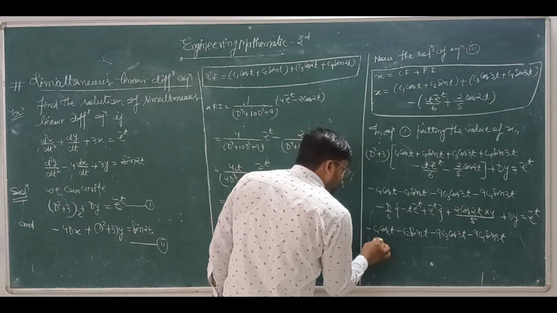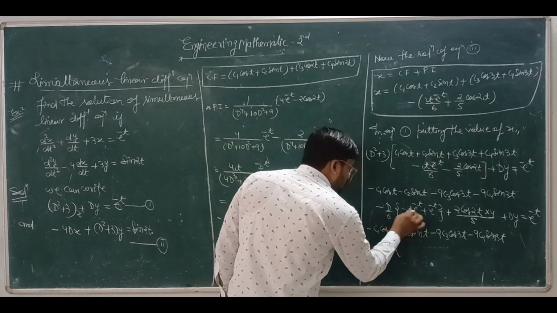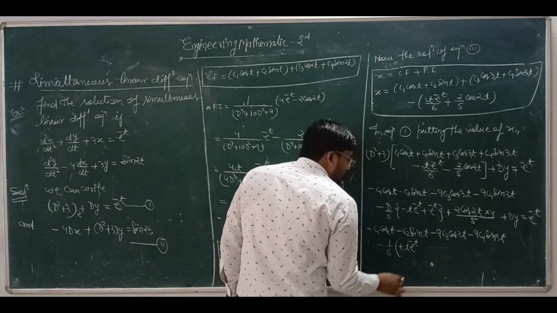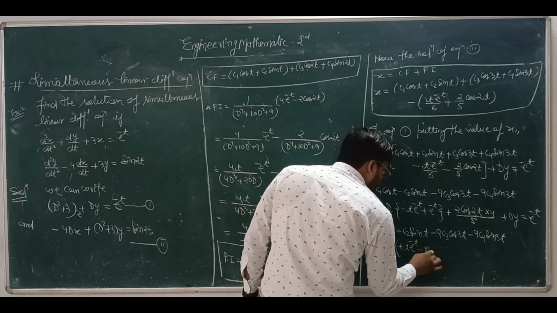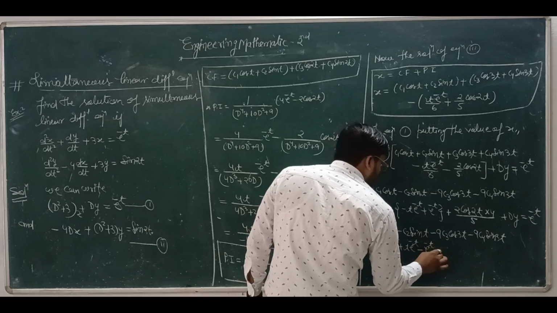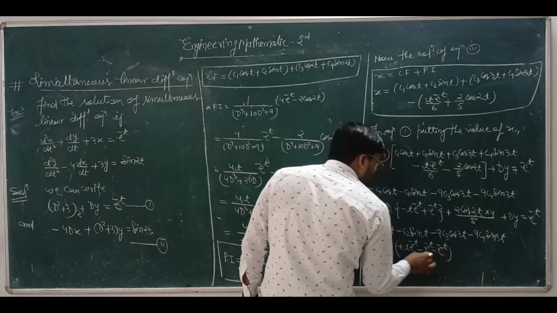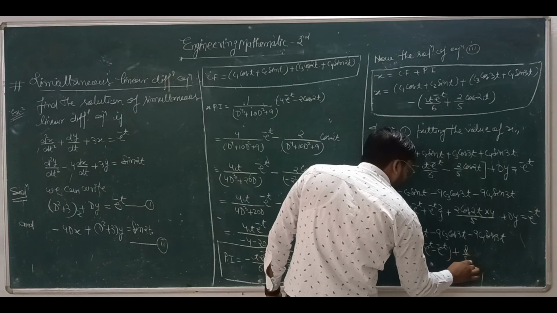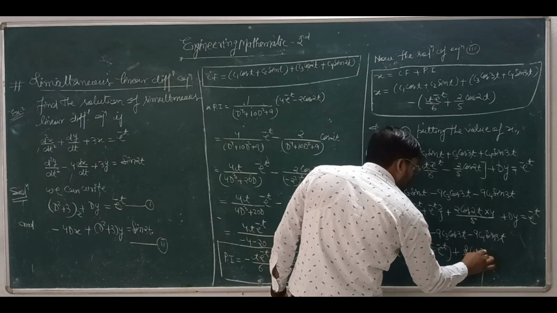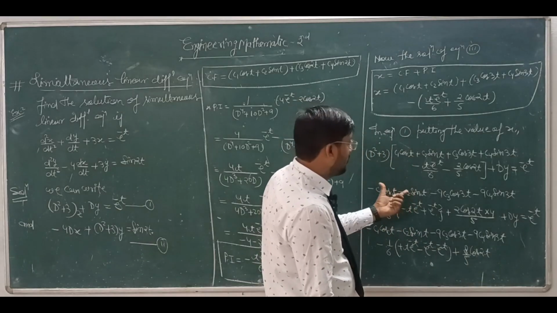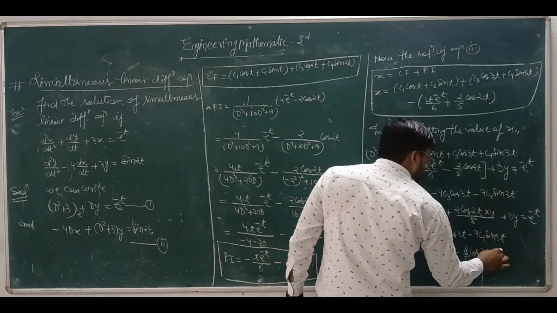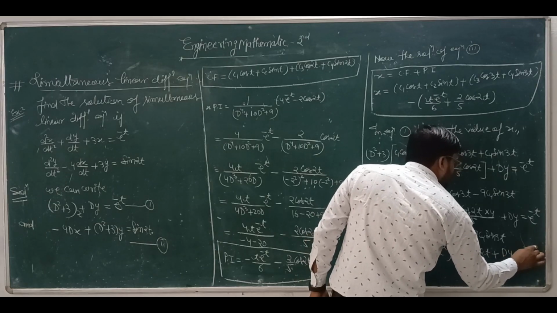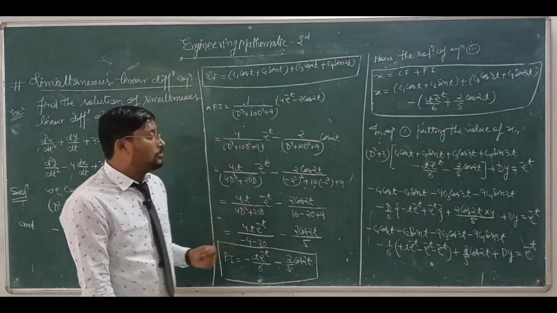You can write minus 1 by 6 two times, t e to the power minus t minus e to the power minus t minus e to the power minus t, plus 8 upon 5 cos 2t plus Dy is equal to e to the power minus t. Now you can note down this problem.